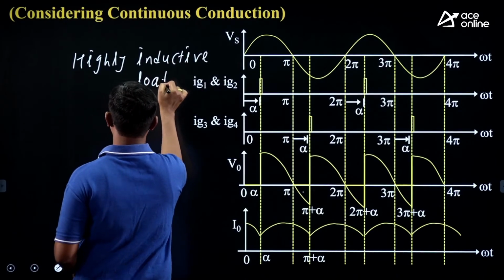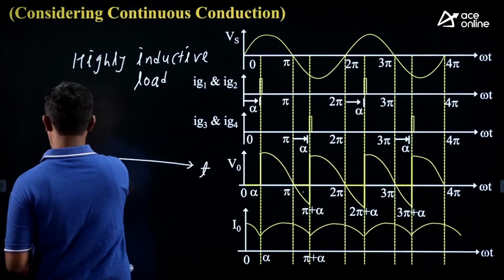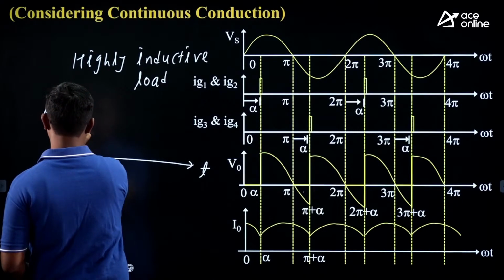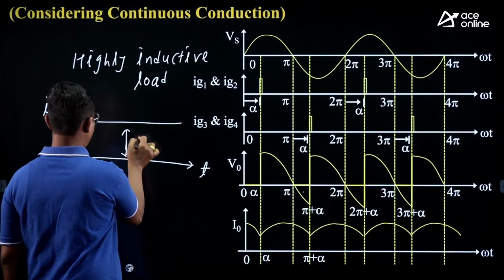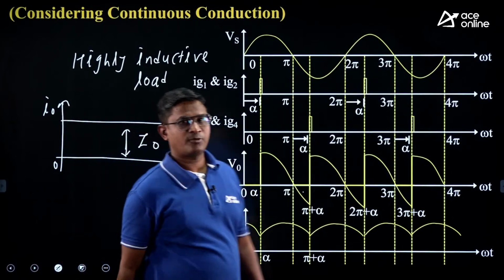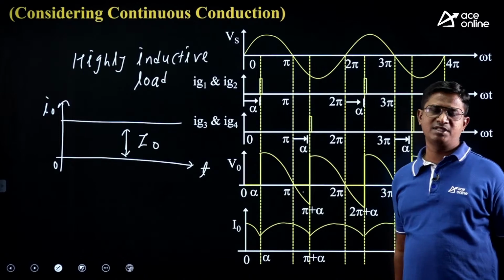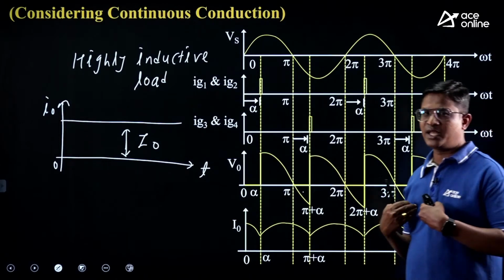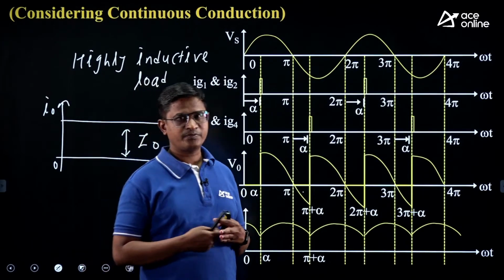Highly inductive load means your load current is a constant, this type of constant. Now my load current is constant and highly inductive load, what is the relation? Please listen. We know the inductor is the element which opposes the sudden change in current. Yes or no?